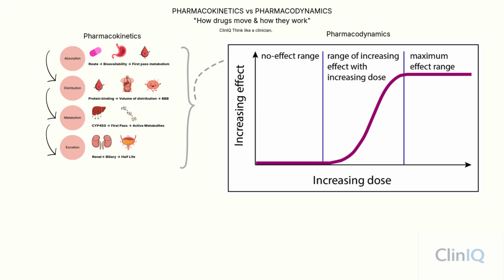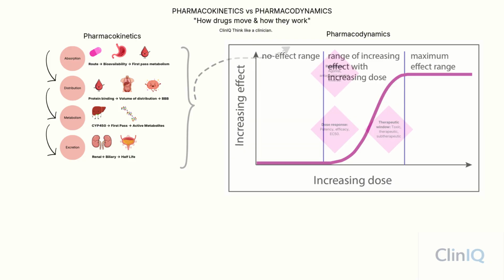Drug A reaches 50% of its maximum blood pressure effect at 2 milligrams, whereas drug B reaches the same at 10 milligrams. So drug A has a lower EC50, which means that it's more potent. But if drug B's maximum possible blood pressure increase is greater, then drug B will have the higher efficacy. So efficacy is the ceiling of effect, whereas EC50 is the potency.